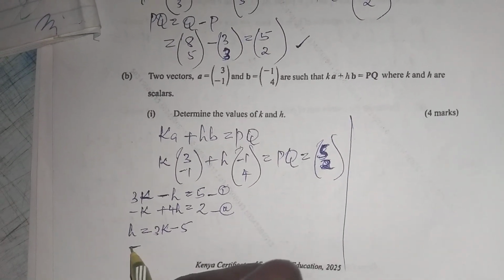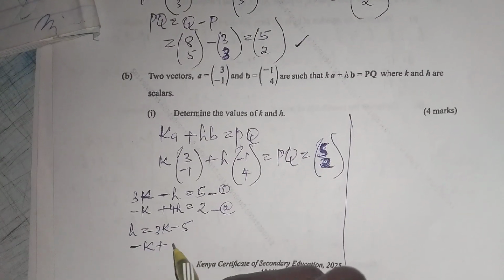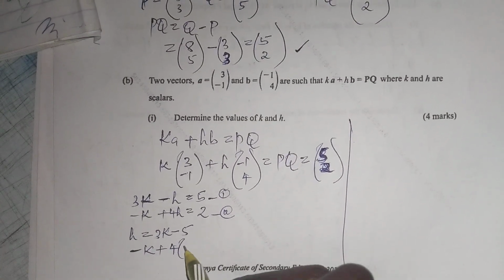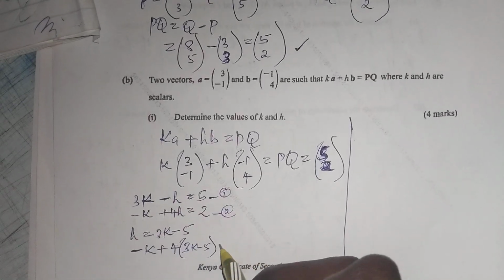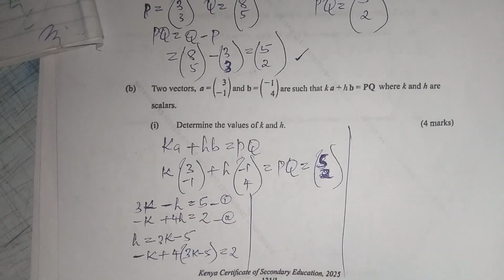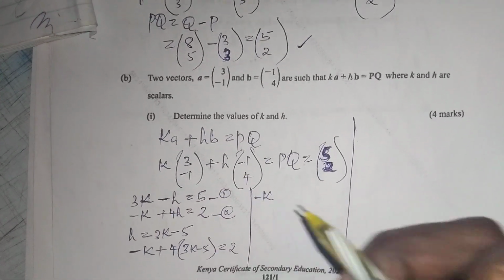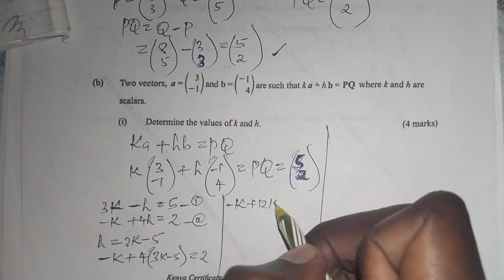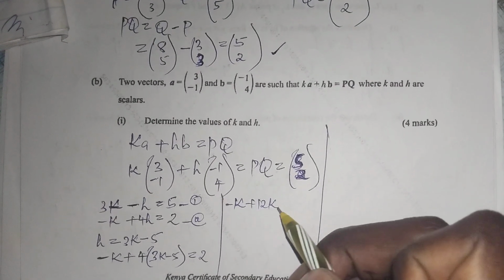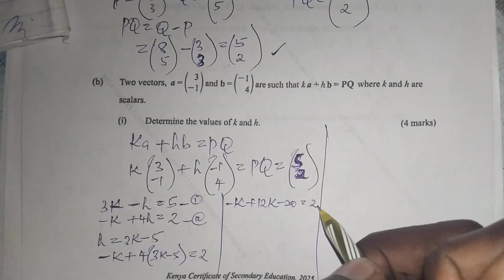Then substitute in equation 2. We'll have minus K plus 4 times (3K minus 5) is equal to 2. It will give us minus K plus 12K minus 20 is equal to 2.